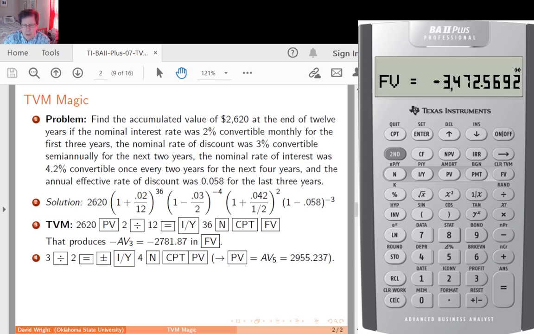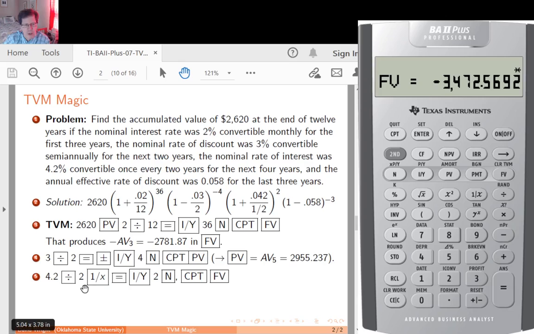And you could probably pause the video right now and get the answer out, but let me write down the buttons that we just did. So we did 4.2 divided by 2 reciprocal, and that's equal to 8.4. We put that in the interest rate, 2 periods, compute future value.